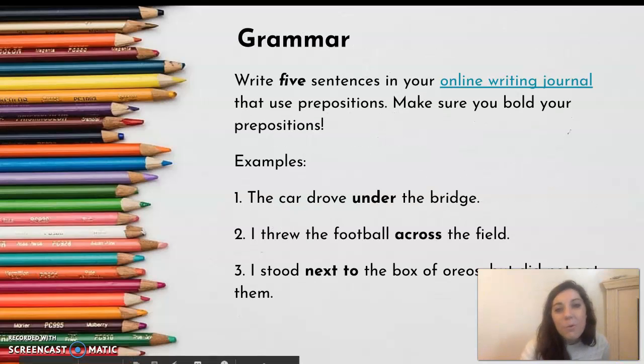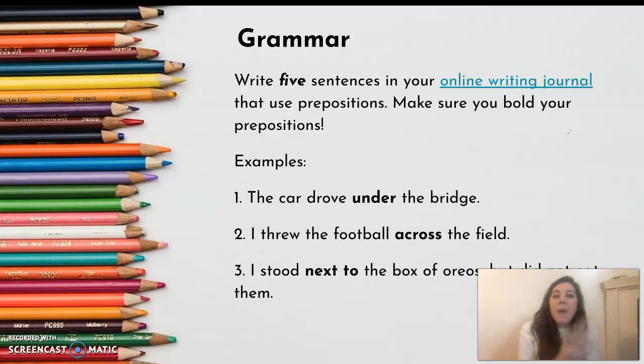And then for grammar, we've been practicing our prepositions. So today I want you to open your online writing journals and write 5 sentences that use prepositions. As you write these 5 sentences, I want you to bold your prepositions. I give you some examples here, and you can also look in my book in our online library to see my examples and what I want yours to look like.